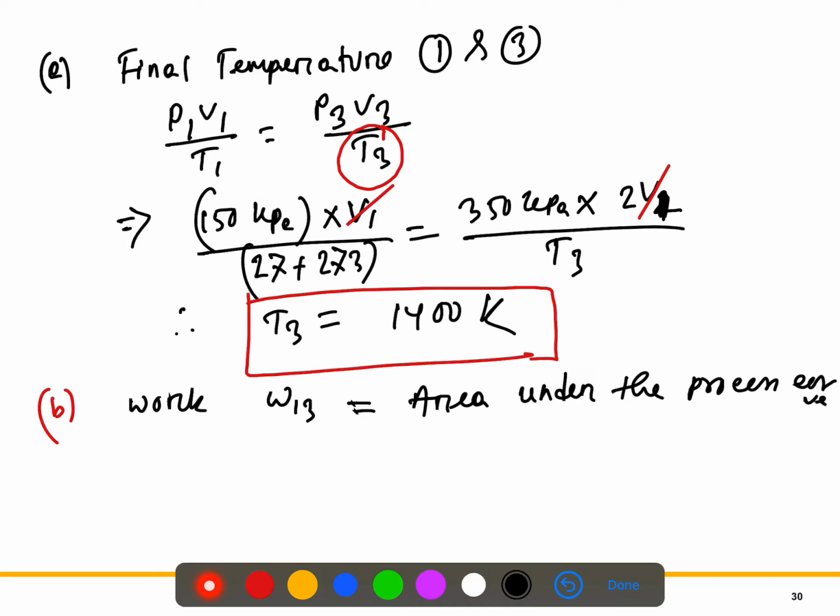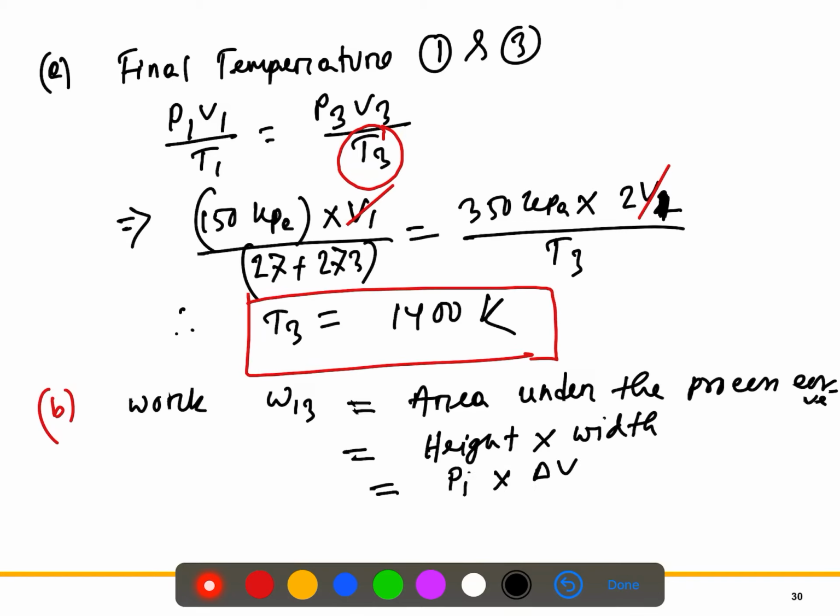So what will be the area, guys? I said it is kind of a rectangle. If you can remember, for a rectangle the formula is the height into the width. I showed you for another problem. So here we will say the height is P, and the width is delta V.